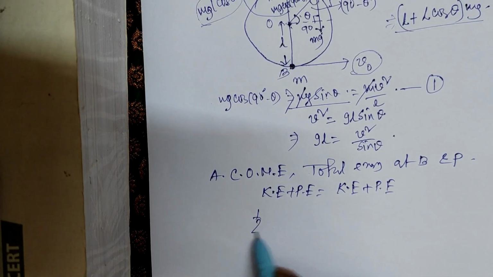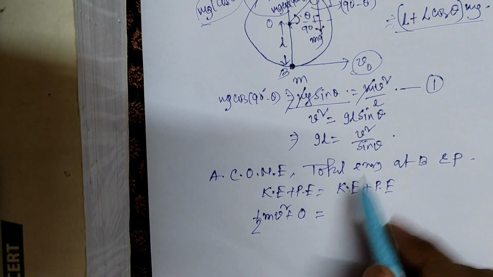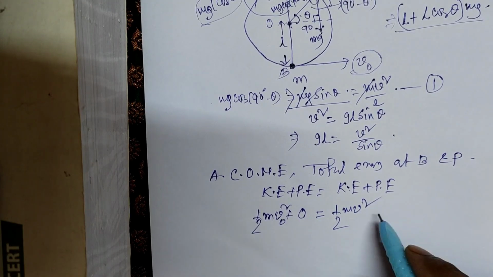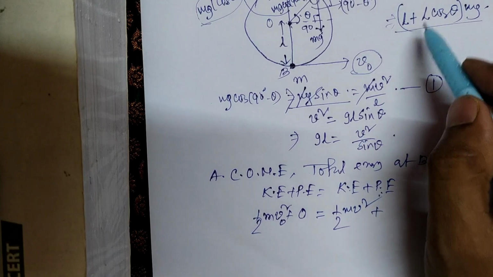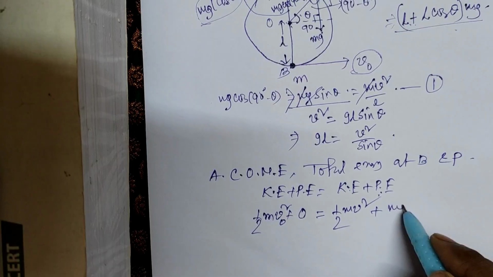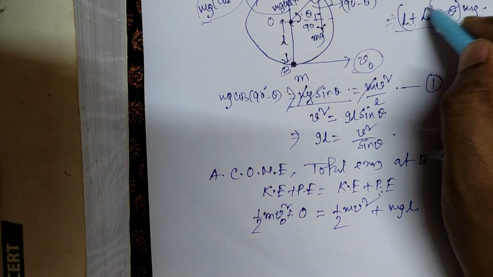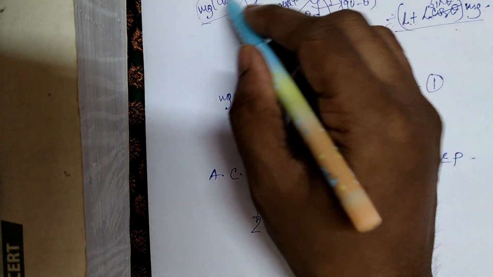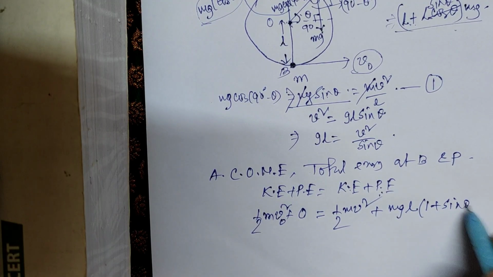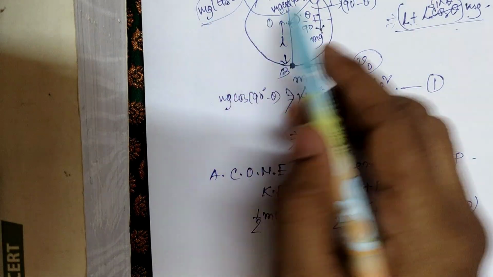So kinetic energy is half m v0 square, potential is 0, and kinetic energy at point P means half m v square, plus potential energy, which is mg into L plus L sin theta. Sorry, this is sin theta. So mgL into 1 plus sin theta. If we apply this triangle law, you will find the value of mgL sin theta.